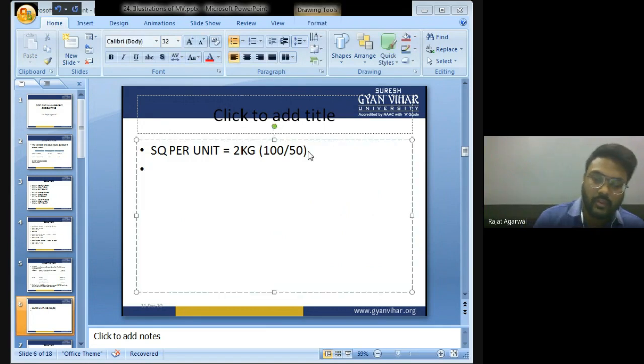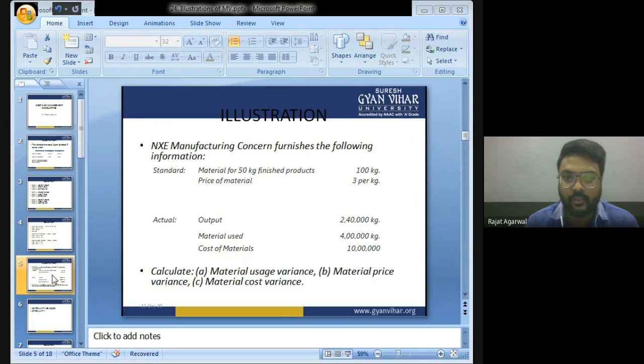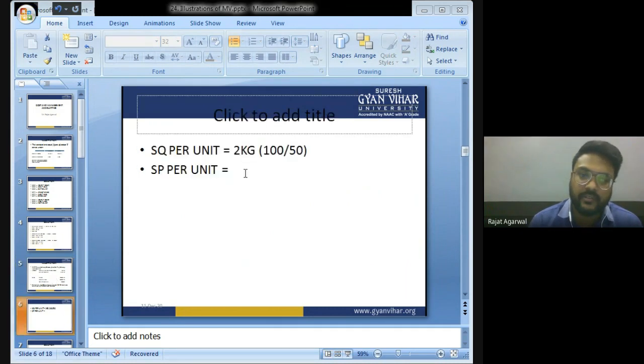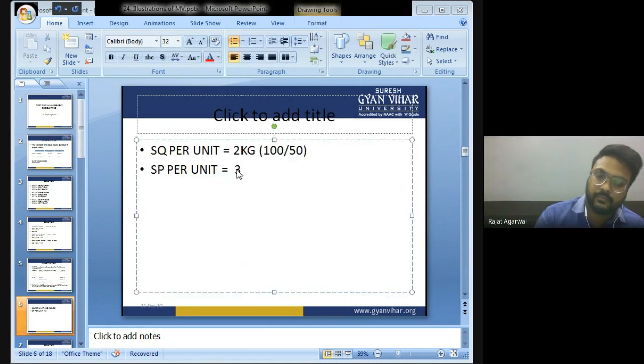Now, what is standard price per unit? Standard price per unit is 3. It is given. Actual quantity per unit.